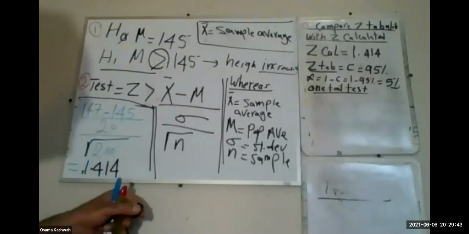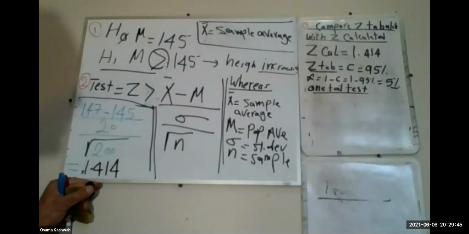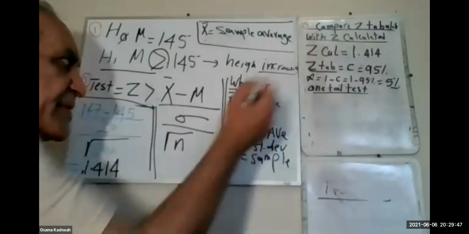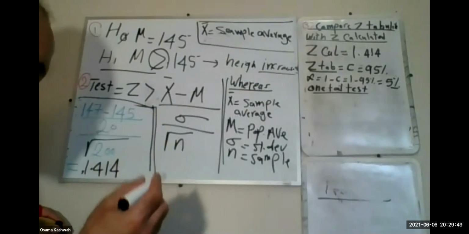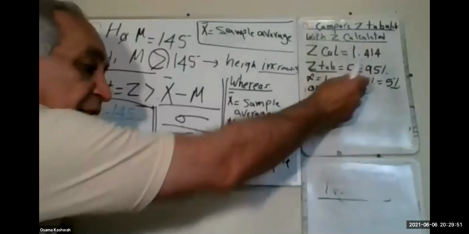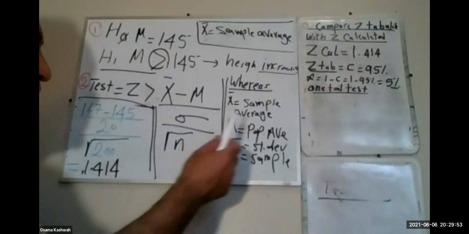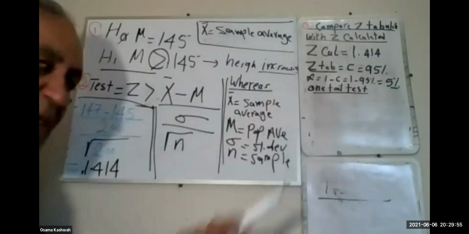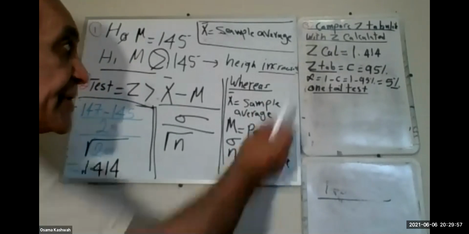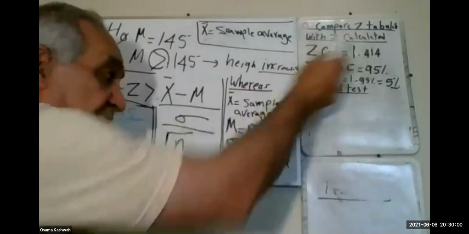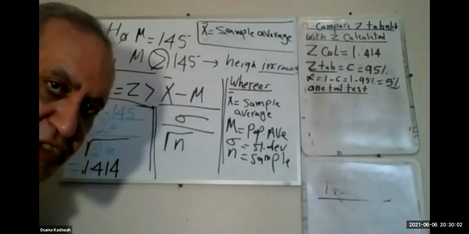So I got 1.414. This is the Z calculated. Now I want to get the Z tabulated, because I have to compare the Z tabulated with the Z calculated.